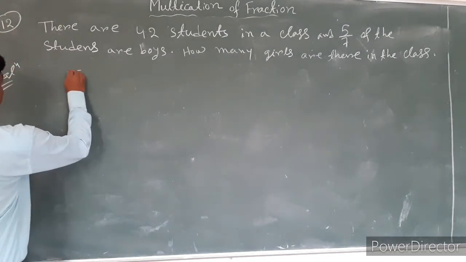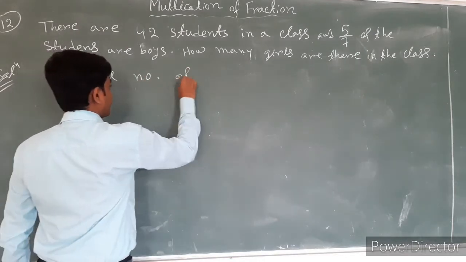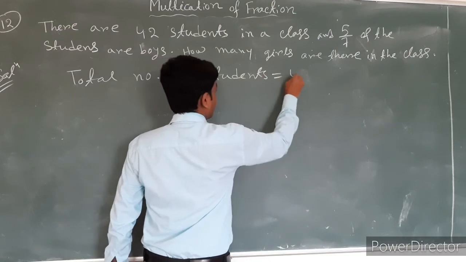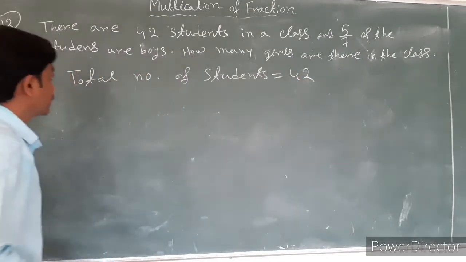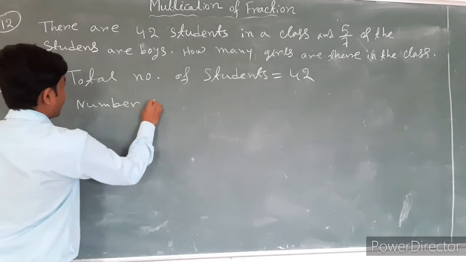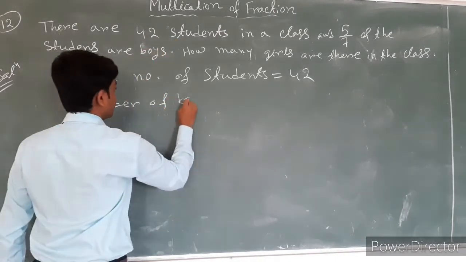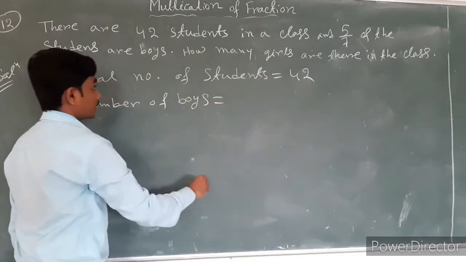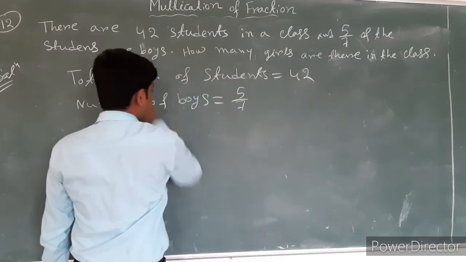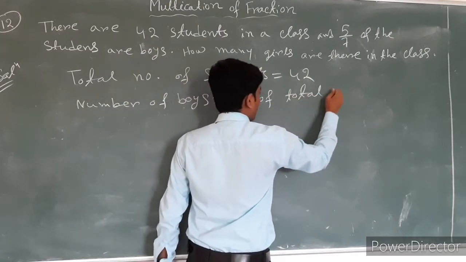So the total number of students is equal to 42 and the number of boys is equal to 5 upon 7 of the total students.